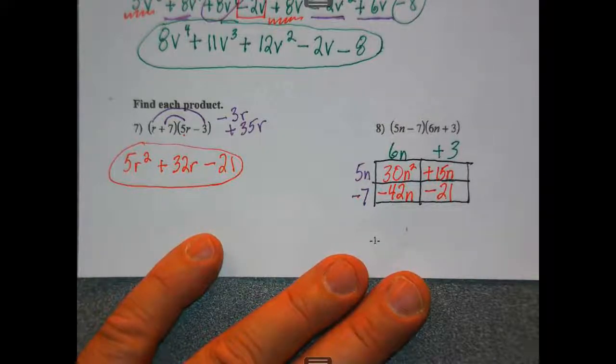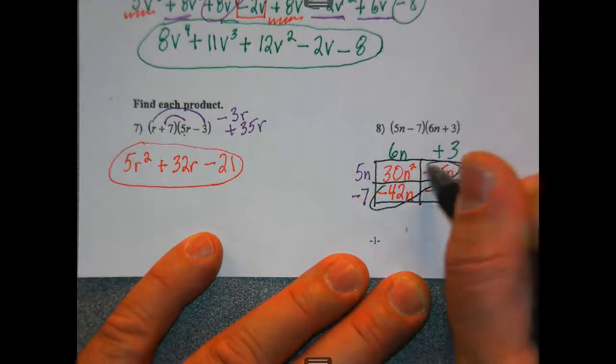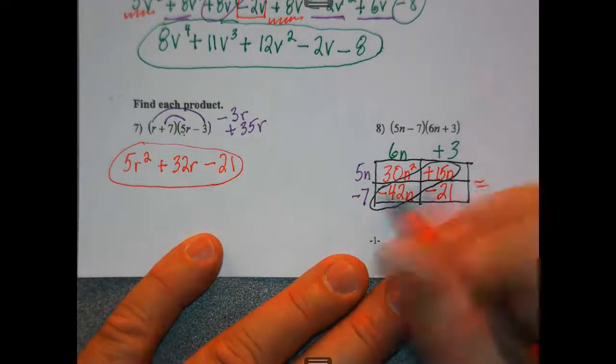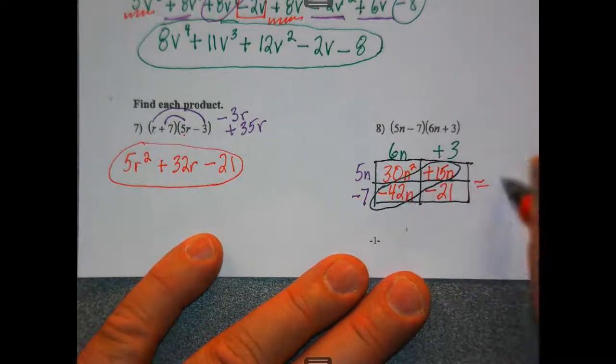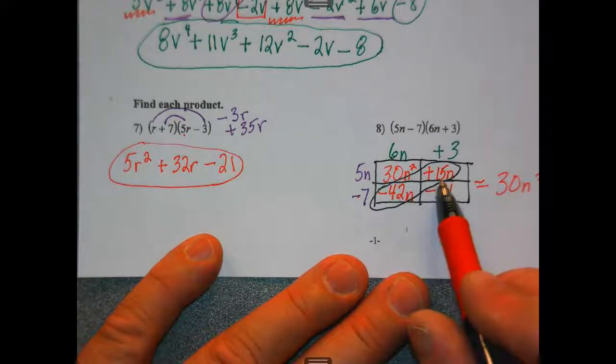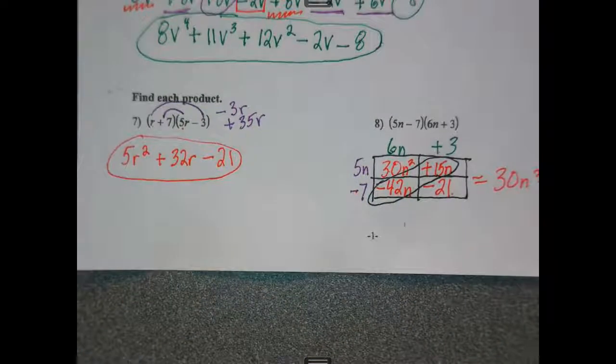And then we have to do the diagonal on the end. That's our inner outer, right? So I have 30n squared, negative 42 plus 15 is going to give me negative 27n, and then minus 21. How about that?